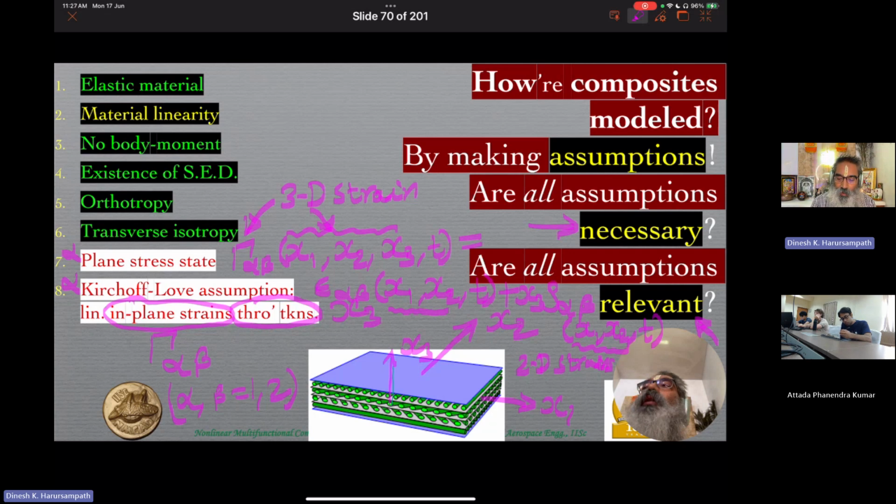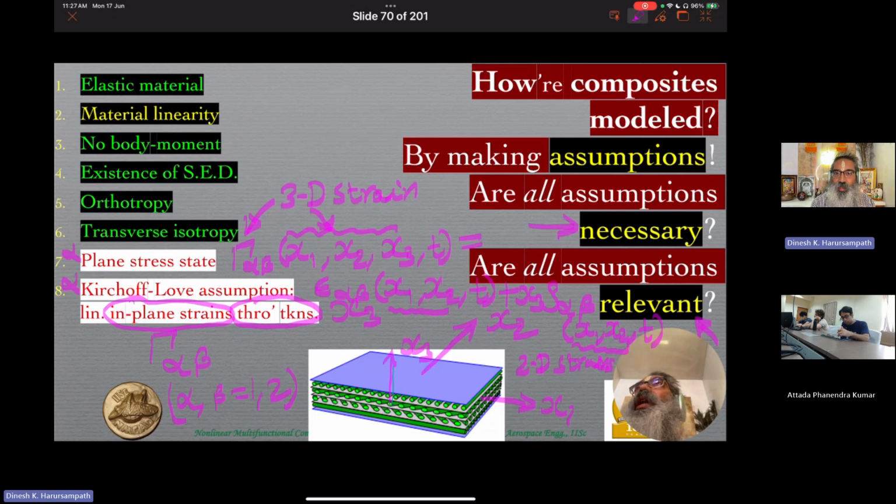You want to get it in all the directions. But what happens in the case of making an assumption like this is you're forcing the model to have a certain behavior, which may or may not be true for that particular model. And as you go for thicker and thicker laminates, and many of the monocoque constructions will fall in that category, and even semi-monocoque, if you do not have enough number of stringers, spars, etc., then the through the thickness stresses become very large.